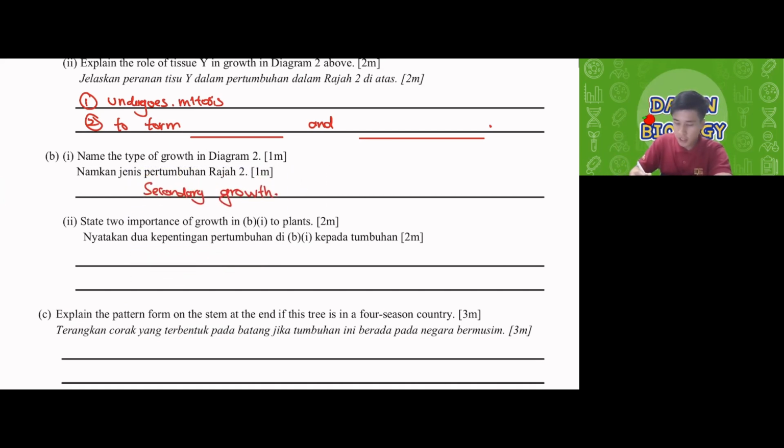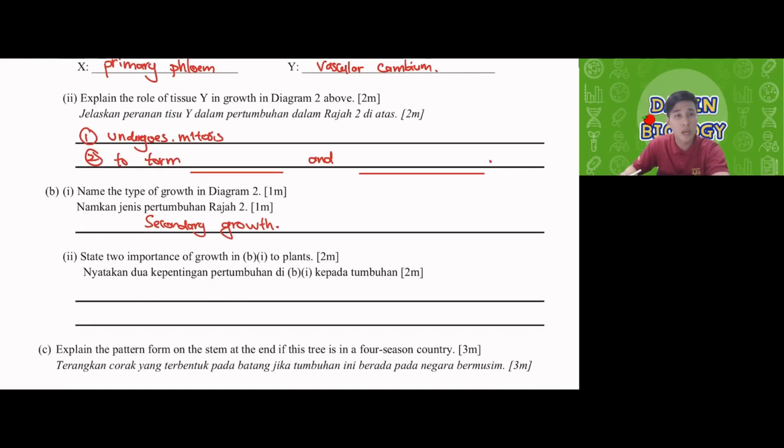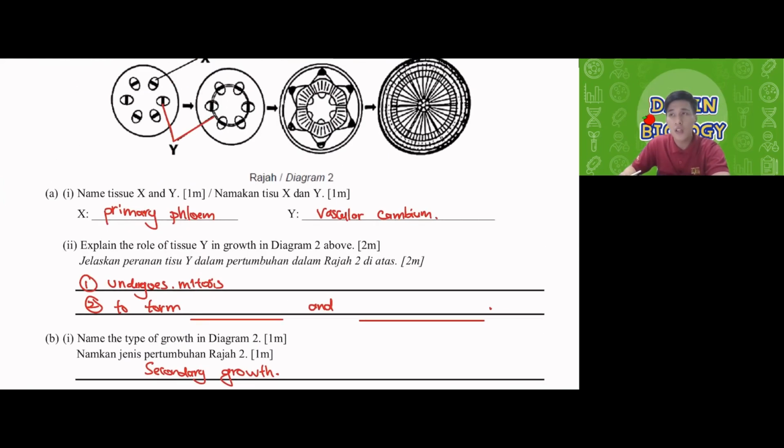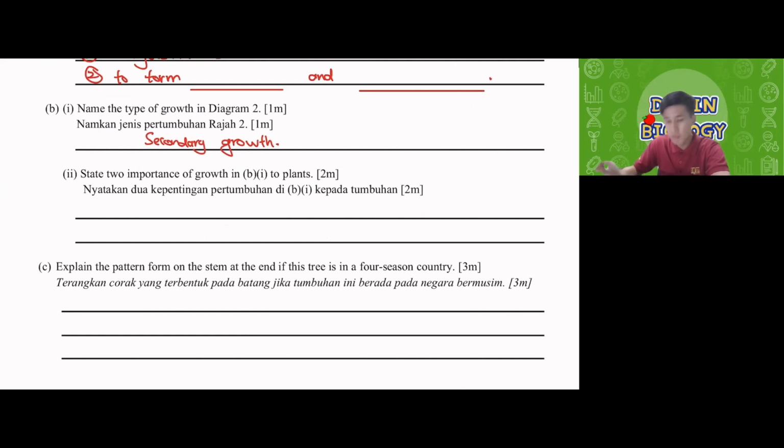Now, two importance of the growth in B1 to plants. So what's the importance of secondary growth? Secondary growth has two importance, right? Number one, the default one: increase the diameter of plant. Some more?